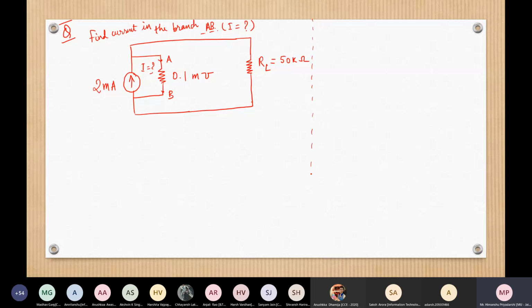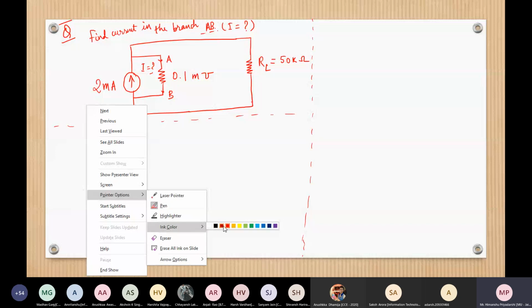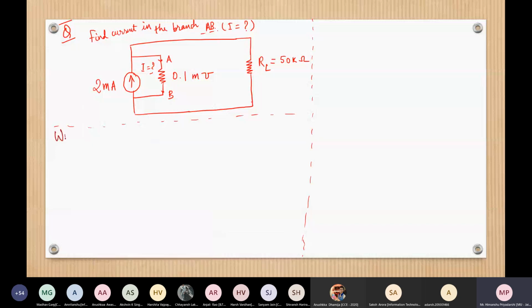First I will solve it wrongly and then I will solve it correctly. Wrong approach. I never used to teach this unless I saw my students faltering at this.